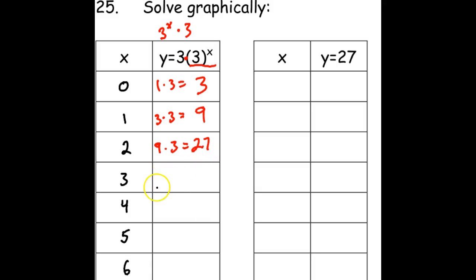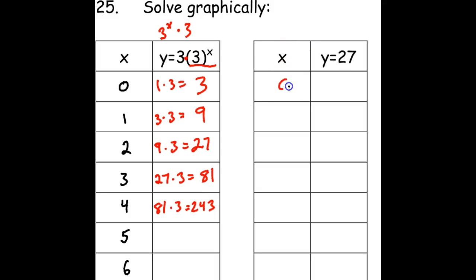And then this will just keep on going. And so we'll have, let's see, 27 times 3, 81. And we'll have 81 times 3, which is 243. And that's probably as high as we need to go because we're getting some big numbers here.